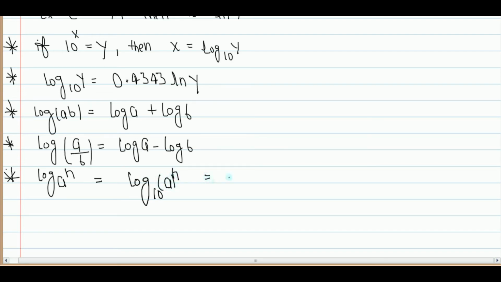And you can write it as n log base 10 of a. So the function is like this: log of a to the power n means log to the base 10 of a to the power n, and the power n can be multiplied with log base 10 of a.